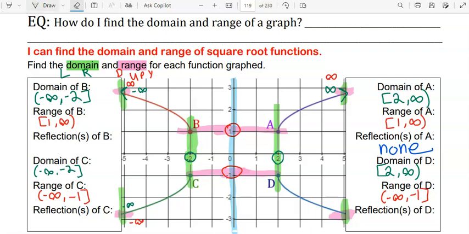That is the y-axis. Now C, it flipped over both the x-axis and the y-axis. Because if we start here, we flip, we get to B, and then if we flip again, you get to C.